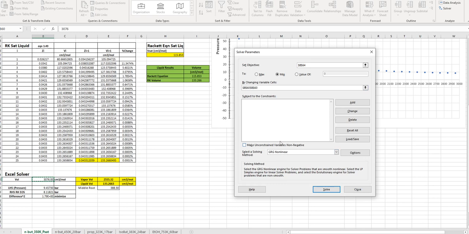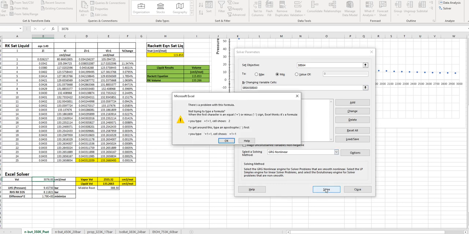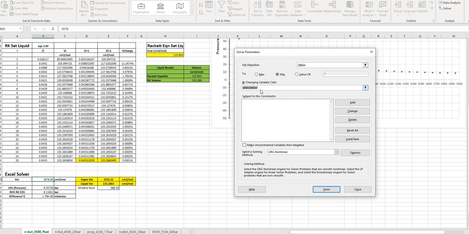All right, you can look through the options here. The GRG Nonlinear method is fine. So I click on Solve. Oh, I've got a typo there.